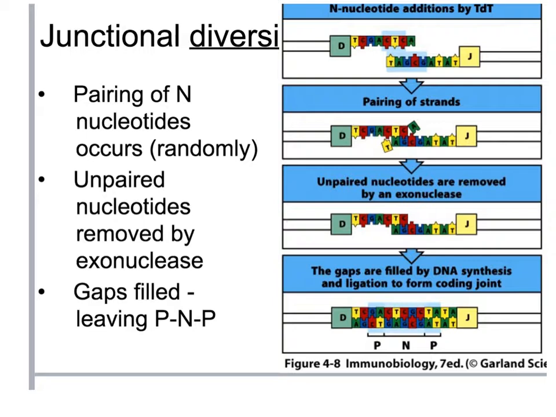I believe it's DNA ligase 4 and XRCC4 that come in and repair this DNA. It can repair it because it has a template now. So it can add nucleotides because it has a template.